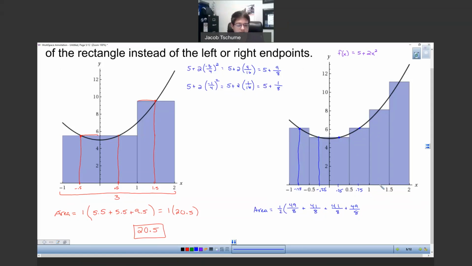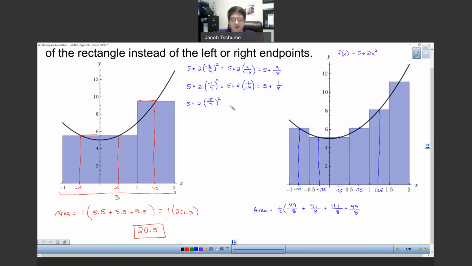So on the fifth rectangle between 1 and 1.5, that would be 1.25, and I'll actually draw the line this time. You can tell that that is a different height, and it's a little bit higher than 8 if you were to go across. So if I were to plug that in, 1.25 is the same thing as 5/4.